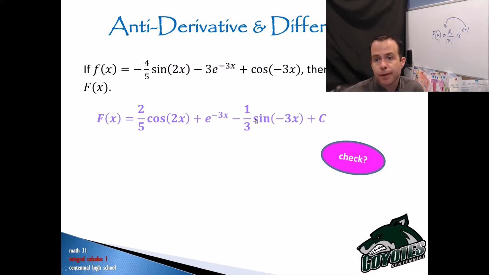And then the derivative of sine of something is cos of something times the derivative of the inside function, which would be negative 3. And when I have that negative 1/3 times negative 3, I get my positive 1 coefficient there. And then the derivative of c would just be 0. Okay.